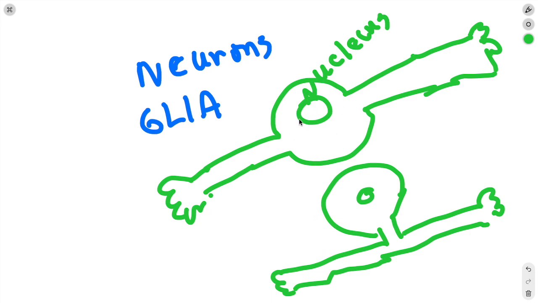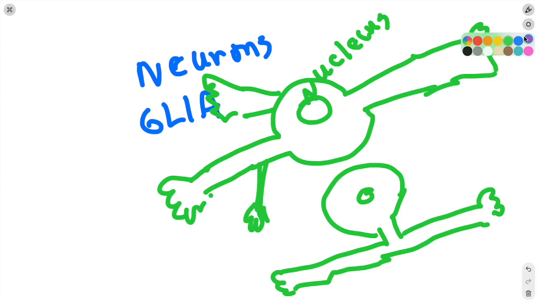But in us, it looks like this, where there are these processes, and there could be multiple processes coming out of the cell, or they can be branched like that. But they're fundamentally two, and that's true for every neuron in every nervous system, I'd say.